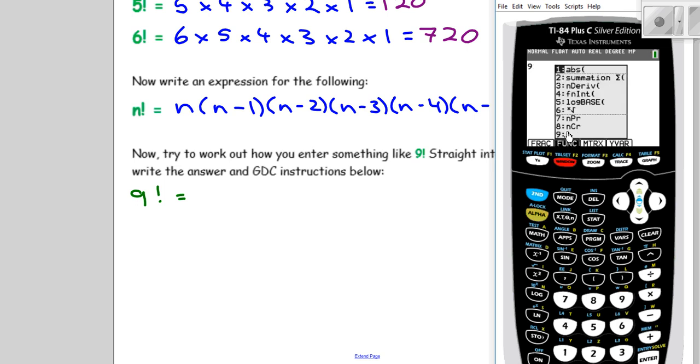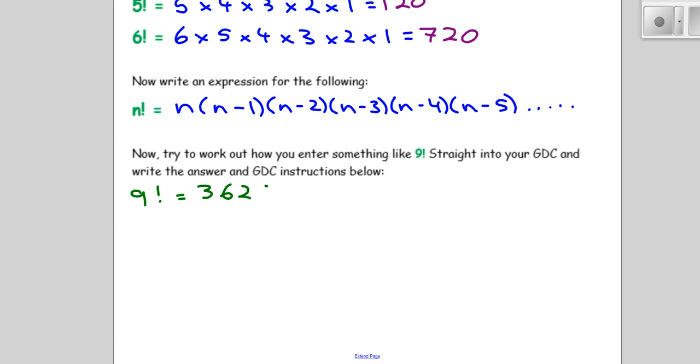Just for the purpose of the demo. I'm not sure how Crystal will do it on her calculator. And you end up with 362880. So Olwen's way: you just write the instructions you want.